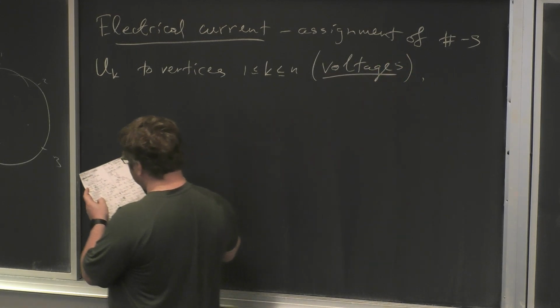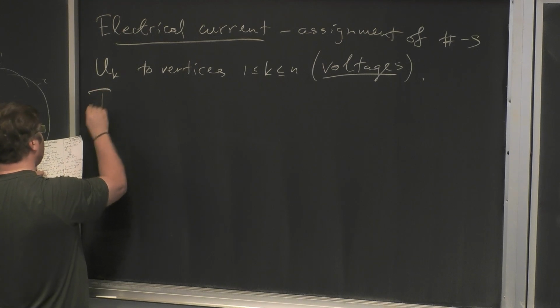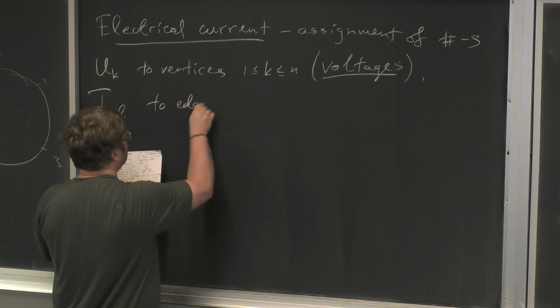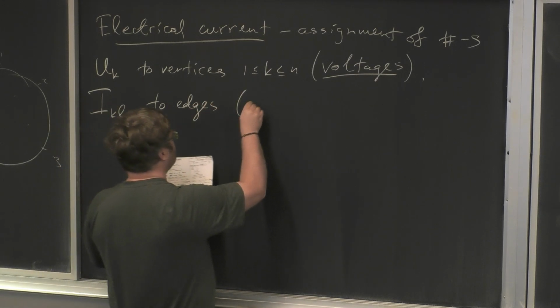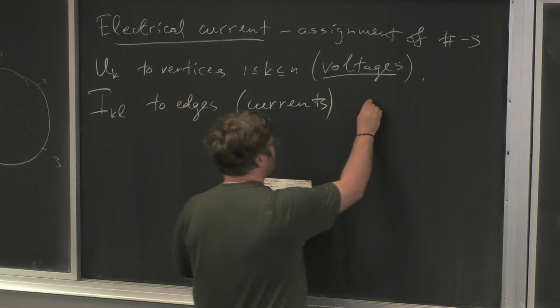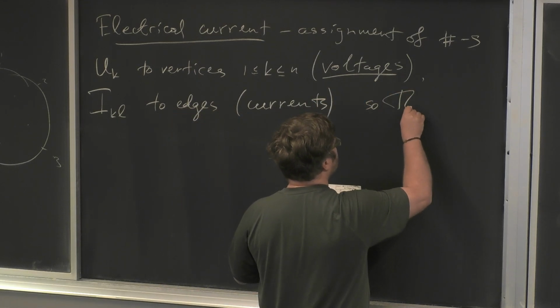And also numbers I_KL to edges, and they're called currents, so that the following two properties hold.